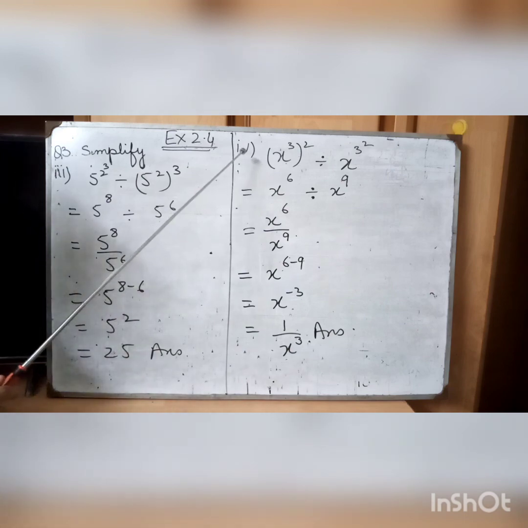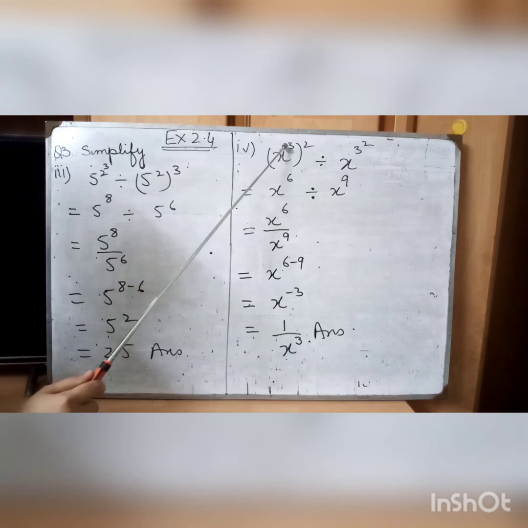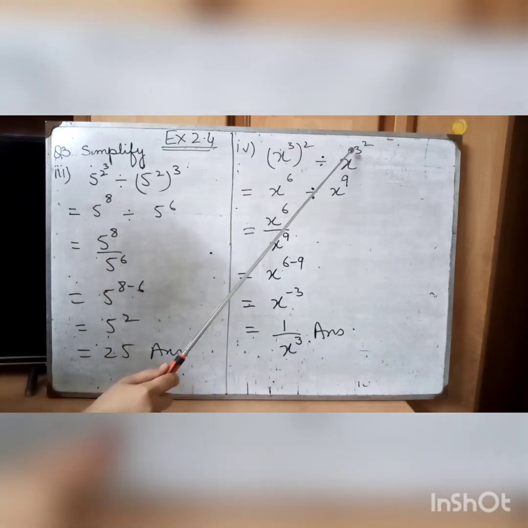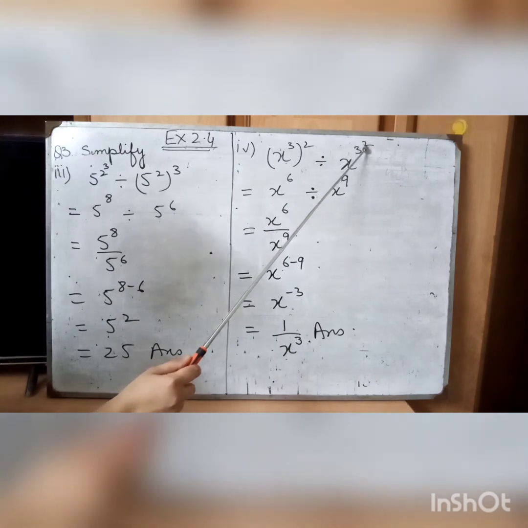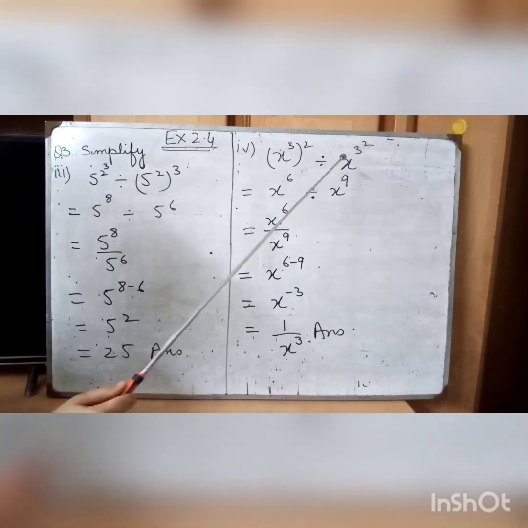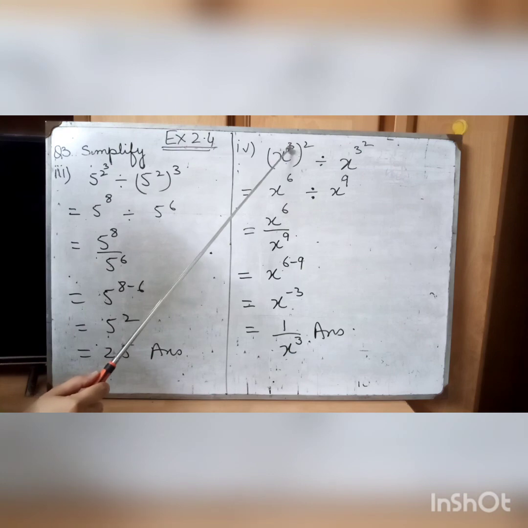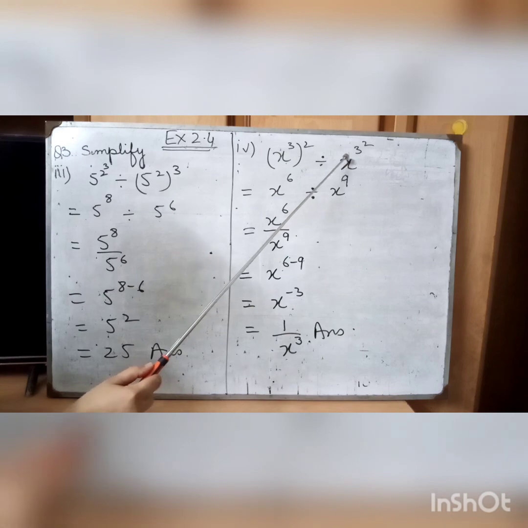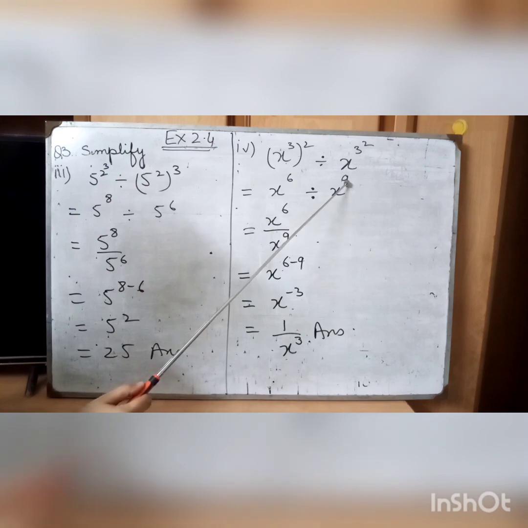In the fourth part, x raised to power 3 with exponent a, divided by x raised to power 3, all raised to power 2. After simplification, 3 multiplied by 2, the exponent of x is equal to 6, and looking at the other exponent of x, which is 3 raised to power 2, after simplification it becomes 9.